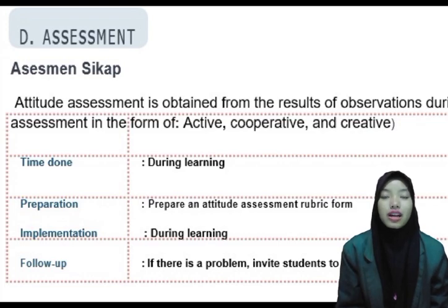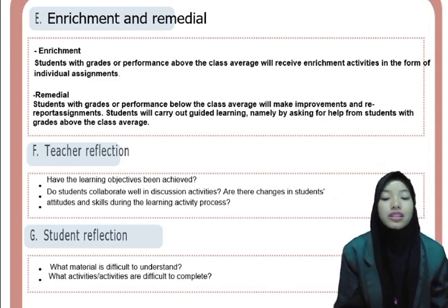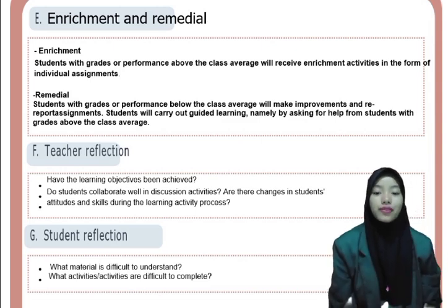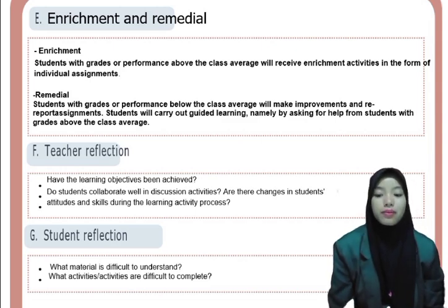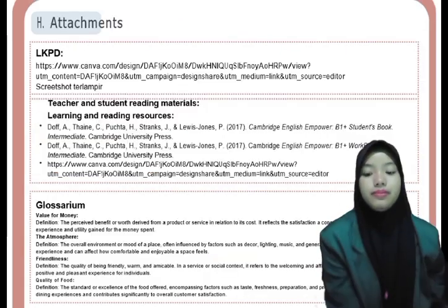If the student score is below the KKM, then the student must carry out remedial treatment, and if the student gets a score above the KKM, then the student gets enrichment, followed by teacher reflection, namely activities carried out by teachers to review their teaching practices critically and systematically, and student reflection, namely activities carried out by students to review their learning experience critically and systematically.